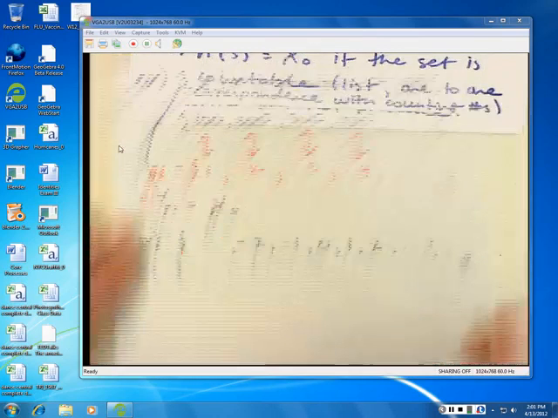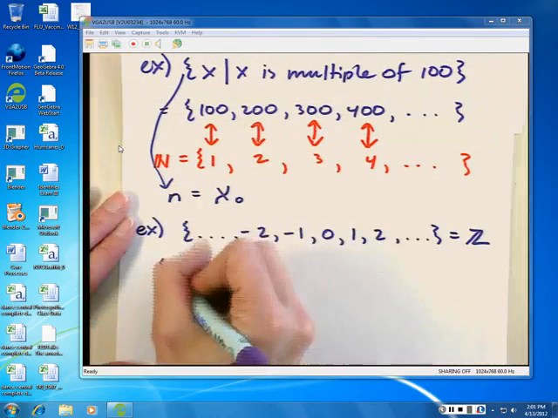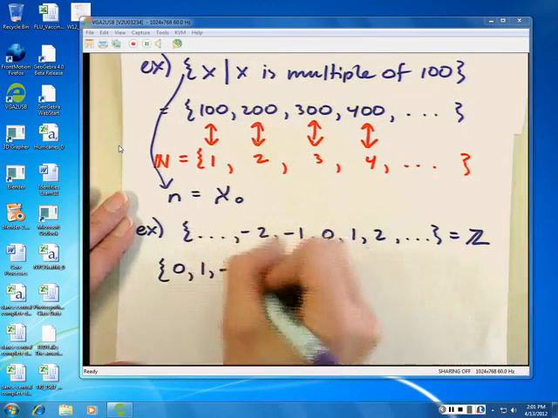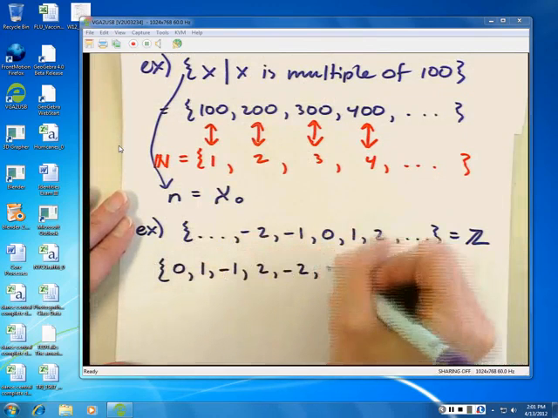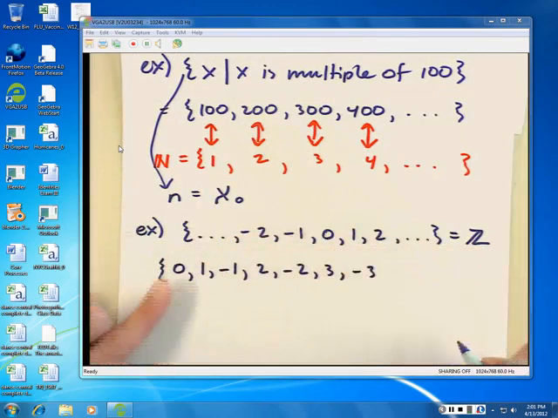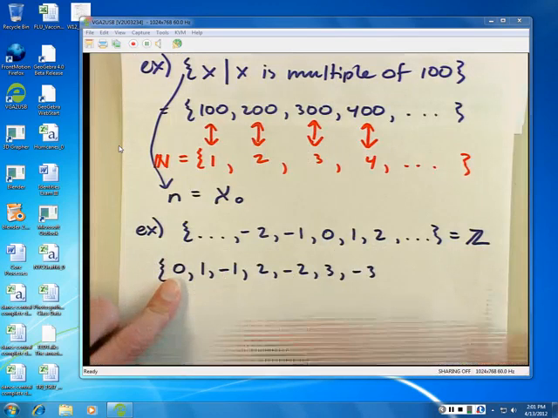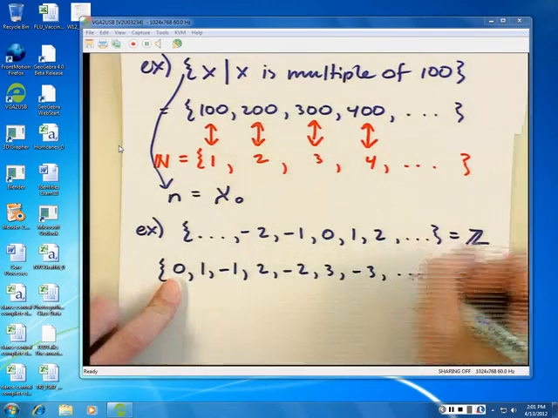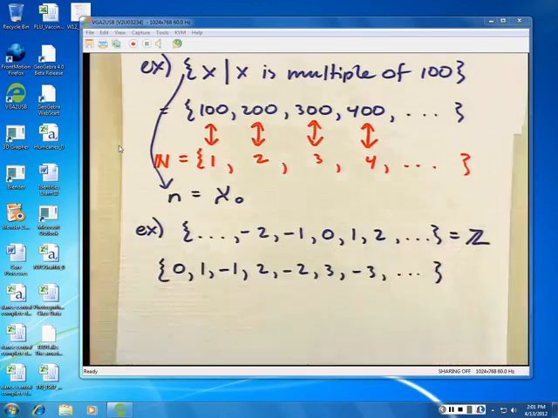But if I reorder this, starting with a 0, and then 1, -1, 2, -2, 3, -3, see how I can establish a starting place? This is part of being countable. And then I have a pattern that tells my reader how to count or list the numbers in my set, dot, dot, dot. Okay, so here comes that one-to-one correspondence.